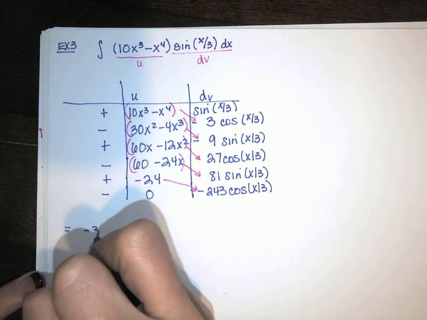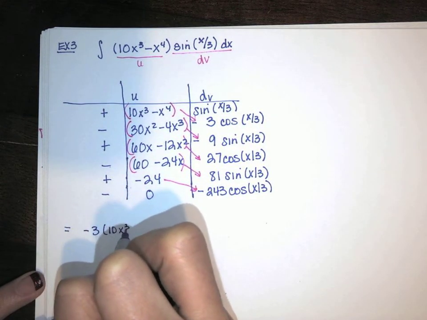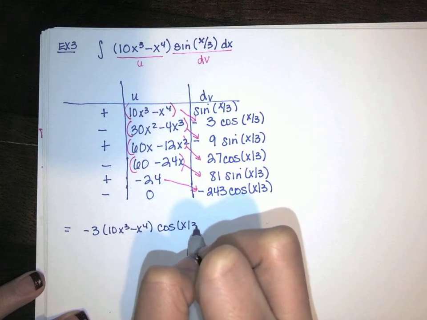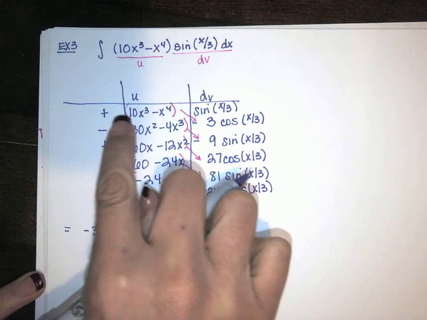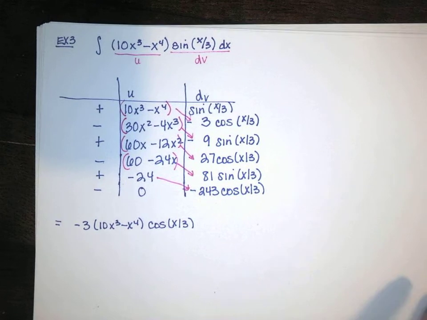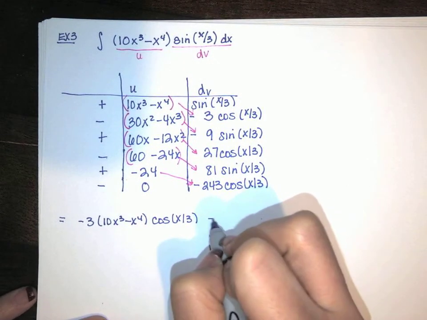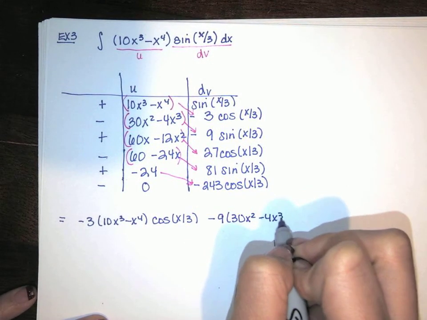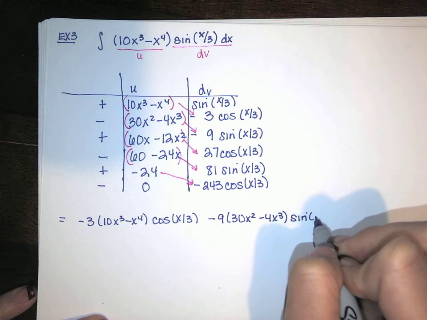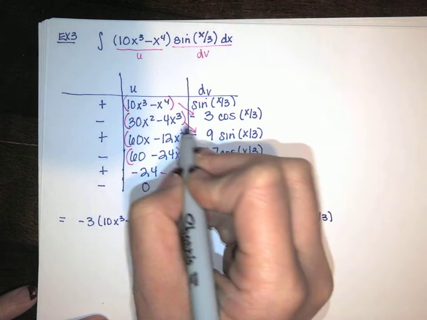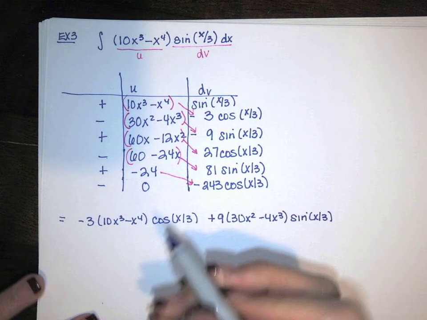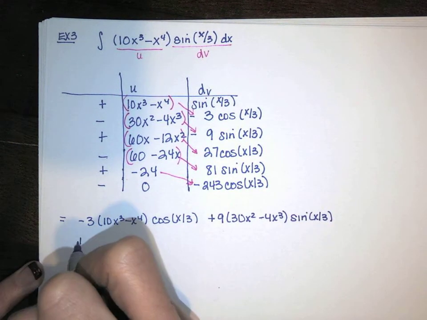Multiply, keep the sign. It was negative, we're just going to keep it negative. And then add, multiply. Change the sign. Negative times a negative is going to make that a positive. And add, multiply.